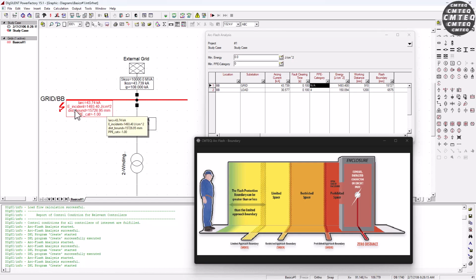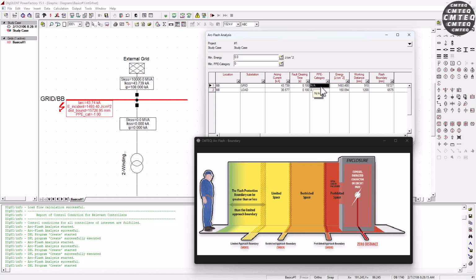And this is the incident energy at the arc source, basically where it is occurring. And the same result also gave us an arc flash boundary of about 14.7 meters. Now, notice here that the PPE category is -1, okay? Which here on our result box says it's not applicable, okay?